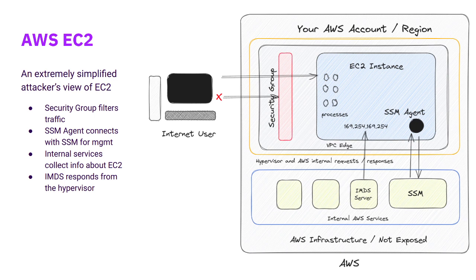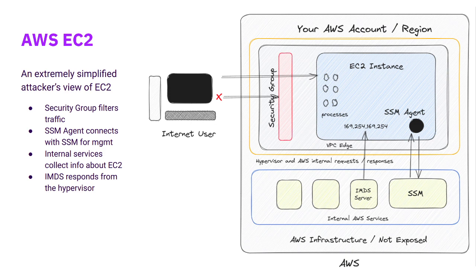Again, these are scribbly drawings that I make using Excalidraw. This is what EC2 as a service looks like to an attacker, based on my experience when I'm trying to gain access to an EC2 instance, either through the service layer or through an external path.